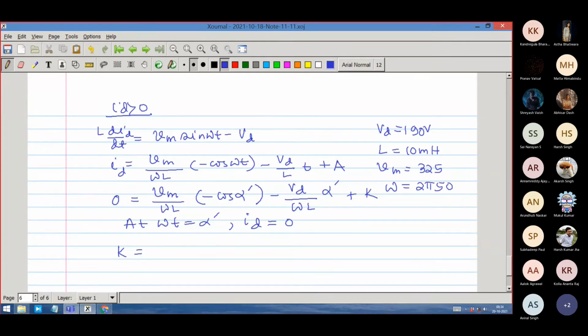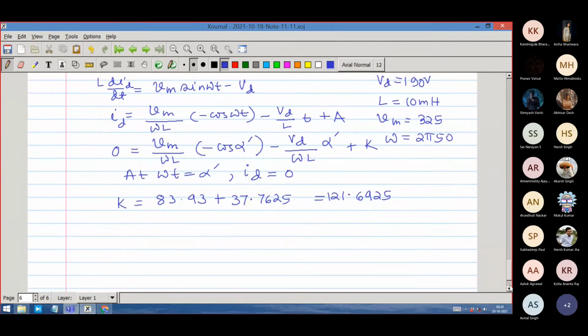So all the things are known. So I will calculate this. After putting all that, I get 83.93 plus 37.7625 is equal to 121.6925. That is the constant of integration.